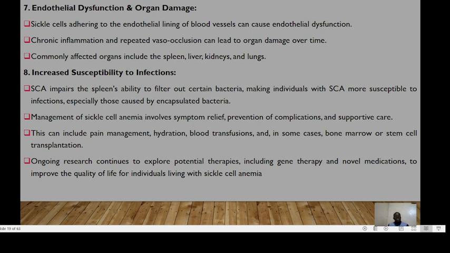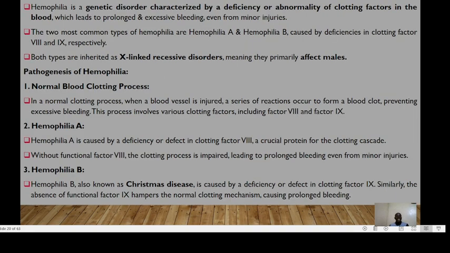This can include pain management, hydration, blood transfusions, and in some cases, bone marrow or stem cell transplantation. There is ongoing research to explore potential therapies, including gene therapy and novel medications, to improve the quality of life for individuals living with sickle cell anemia.